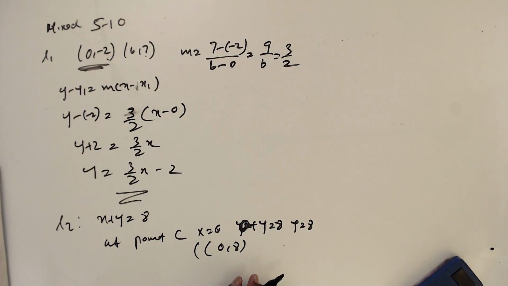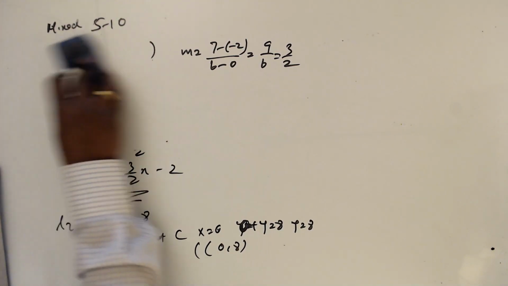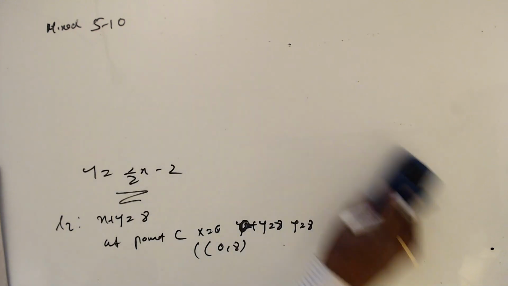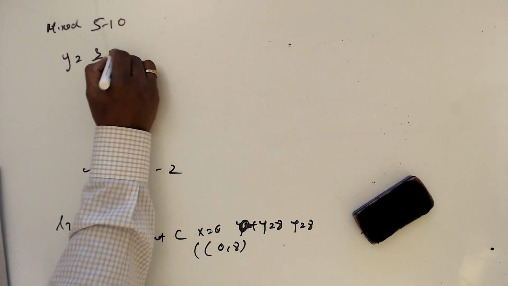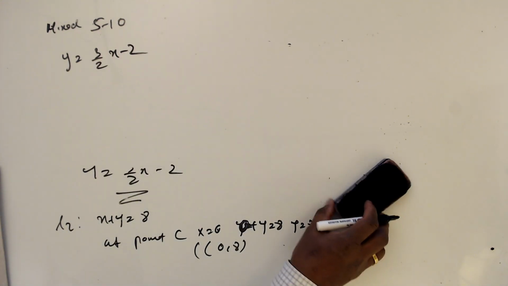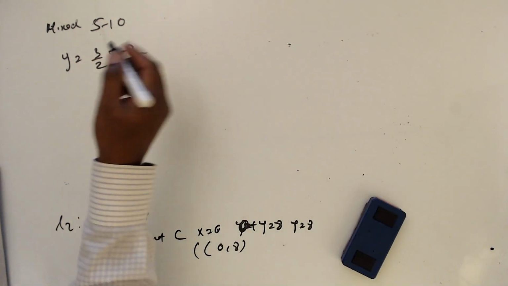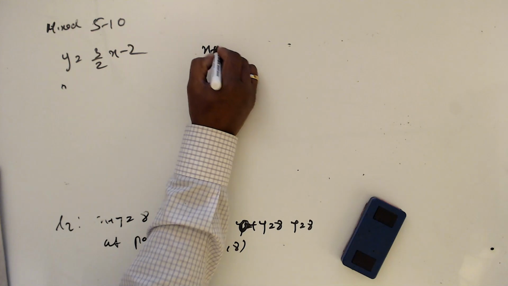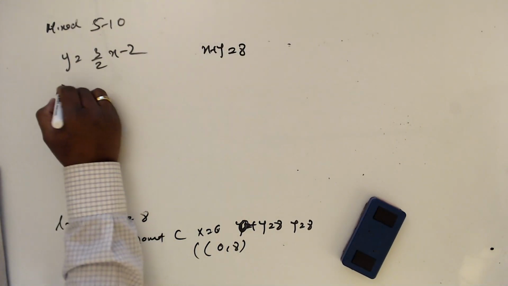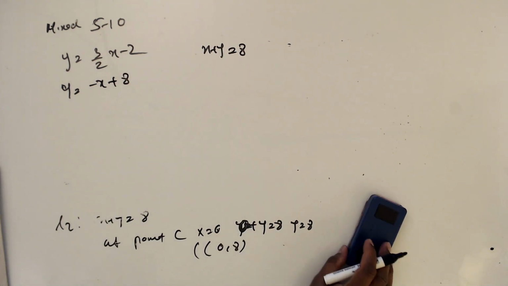And L1 and L2 intersect at D. Now y equals 3 over 2 x minus 2, and this one, x plus y equals 8, means y equals minus x plus 8.